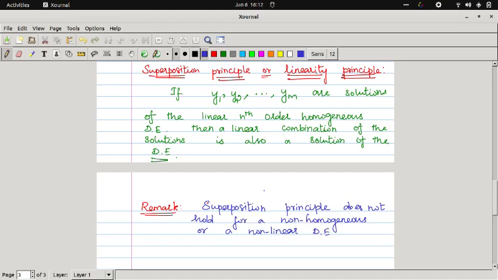So please be careful. The principle works for homogeneous linear differential equations only.